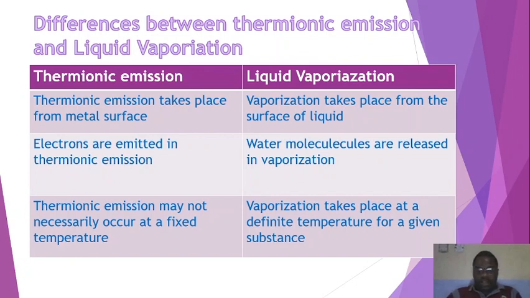We also discussed the characteristics of the thermionic diode. We said the characteristics show that increase in the voltage increases the anode current until a point is reached, which we call the saturation point.